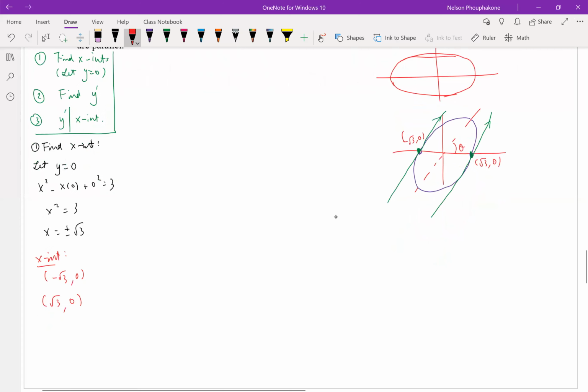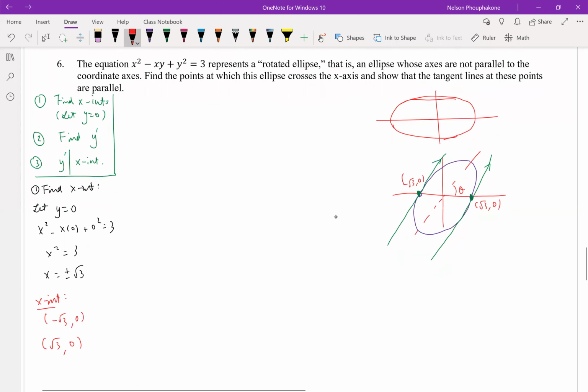Now the second step is we need to find y prime. I take the derivative of x squared minus xy plus y squared equal to 3.